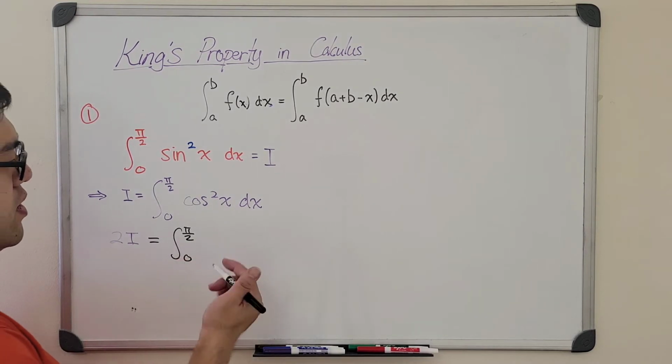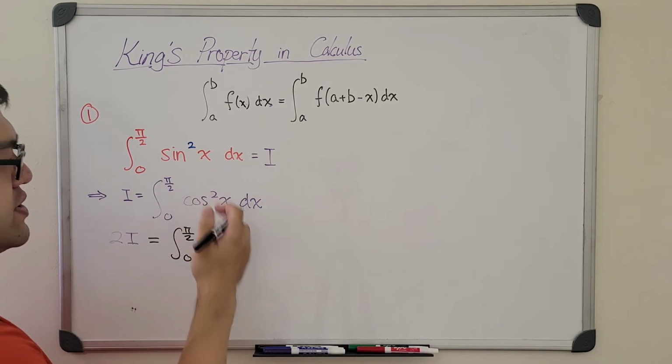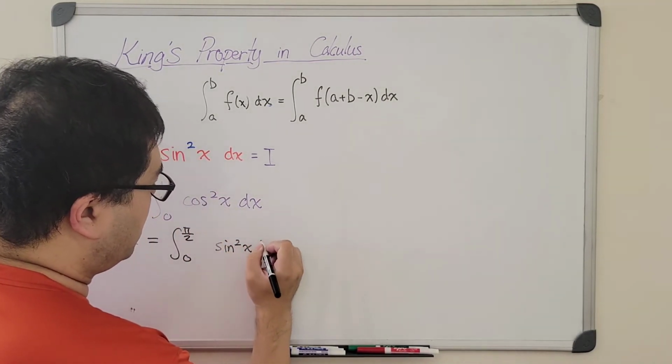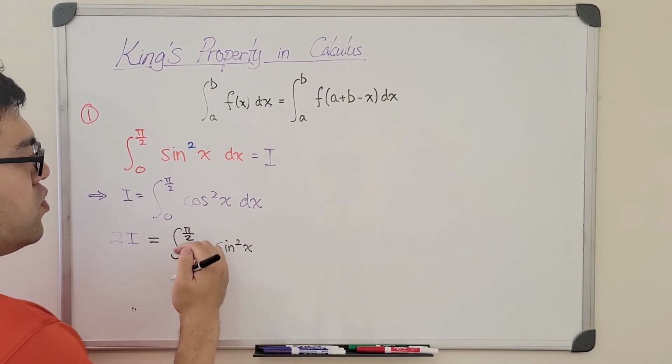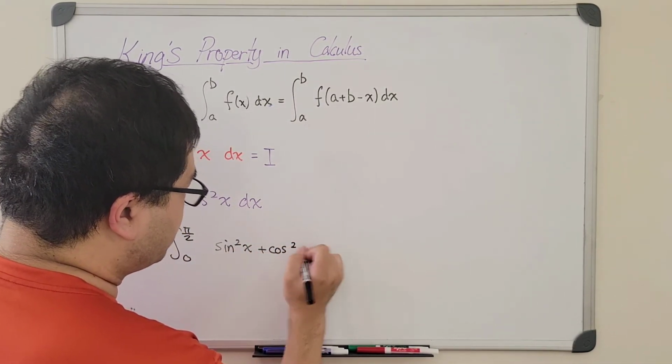Since we know that they're in the same interval, their sum must also be well defined in the interval. So we are going to add the two functions together.